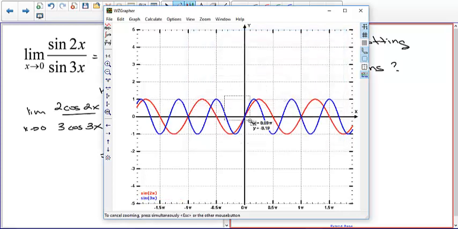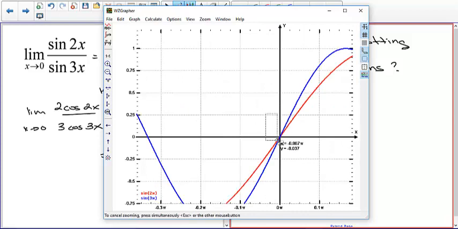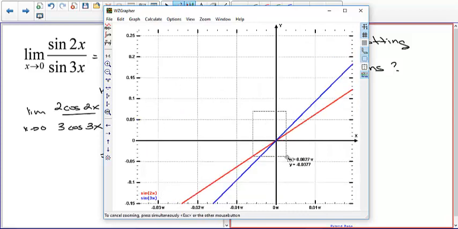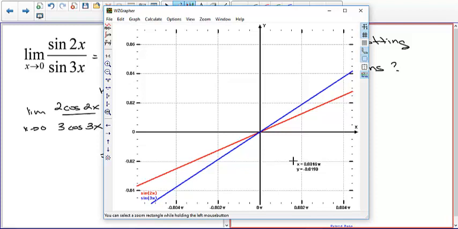If we zoom in where x equals 0, basically what happens is that the sine function near x equals 0 is linear. Those look like straight lines. And therefore, as I go to 0, the ratio of this distance to this distance is 3/2. And if I go here, the ratio is still the same because it's a line.